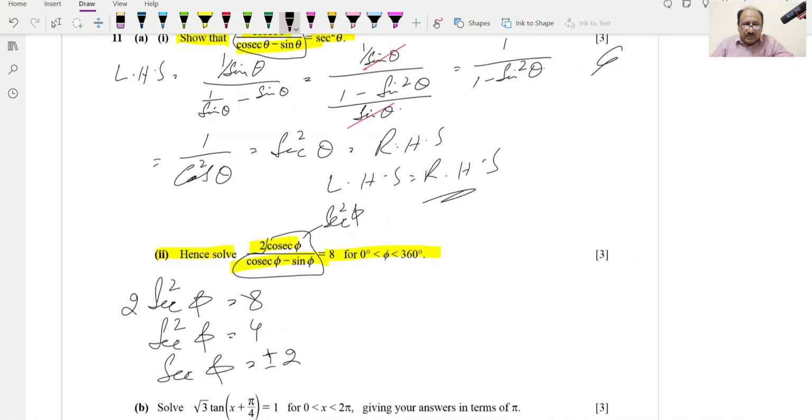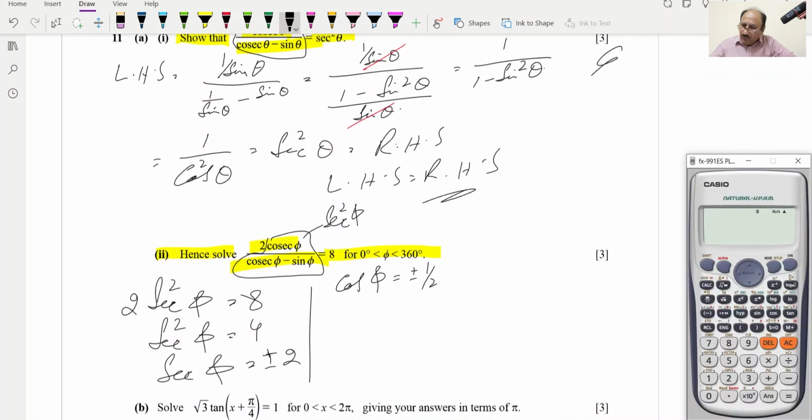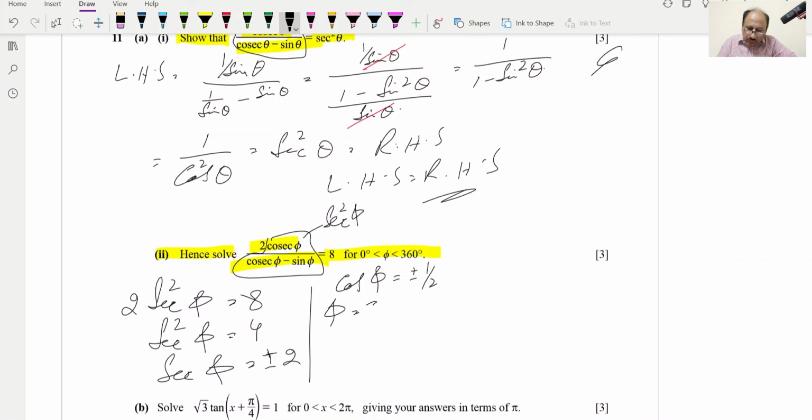We can check for sec φ, which means cos φ, and this will be equal to plus minus 1 by 2. Now we can take the inverse: cos inverse of plus minus 1 by 2.